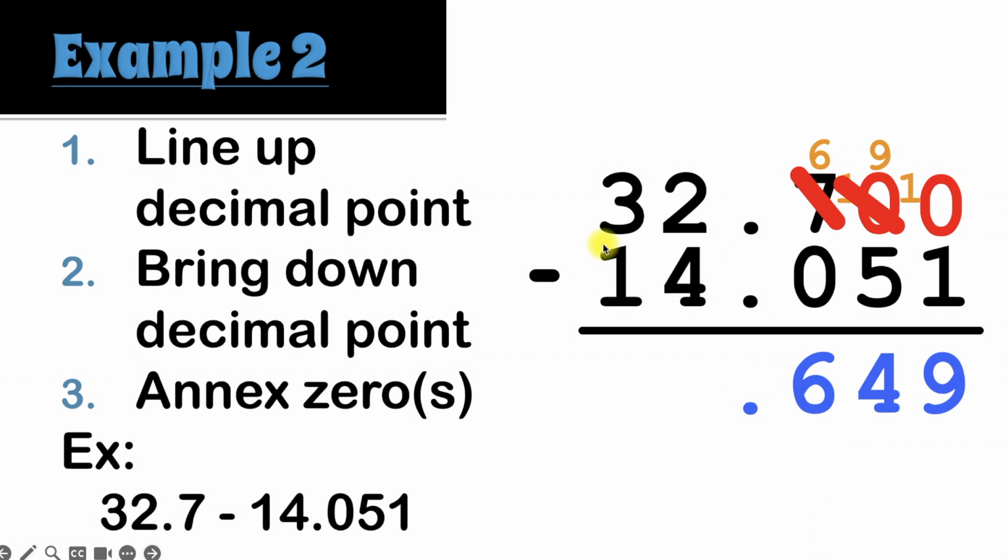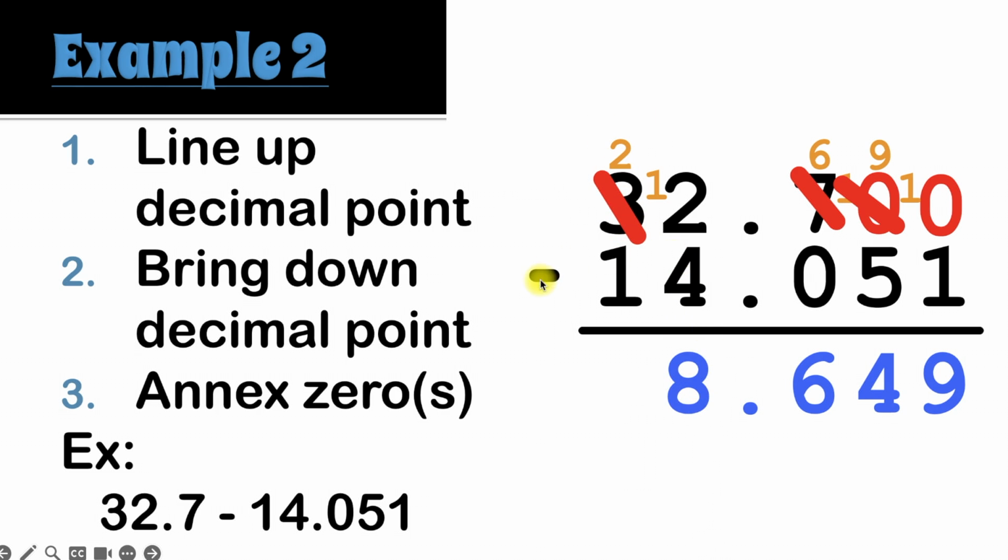Can we subtract 2 minus 4? No, we cannot. So, we're going to borrow from this 3. The 3 becomes a 2, and this 2 will become a 12. And 12 minus 4 equals 8.